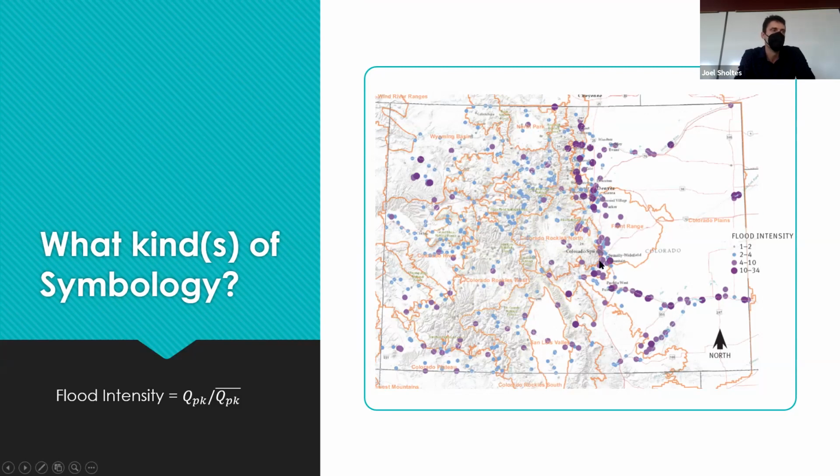So there's always a balance between communicating data with symbology and making things too noisy, cluttered, hard to understand. I would not call this a perfect map. I'm trying to communicate a lot of things here. So maybe taking these boundaries out and the labels, just to communicate the geography of flood intensity, would clean it up quite a bit.